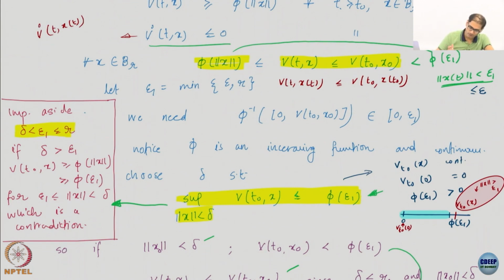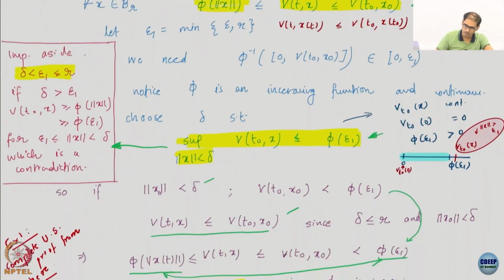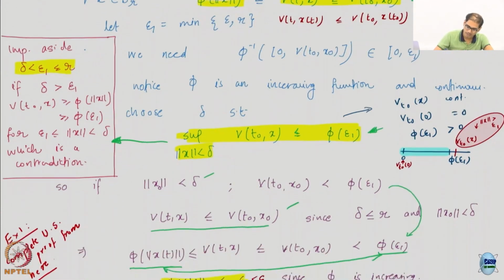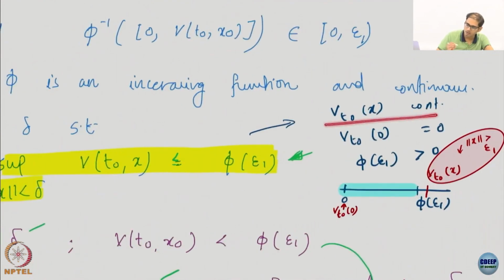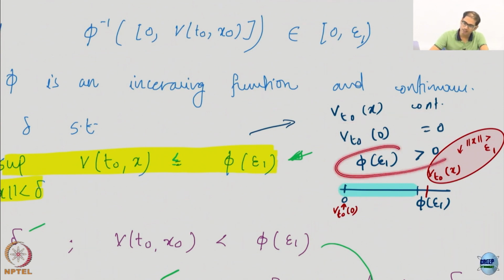Alright, so we know that phi is increasing and continuous. So I have drawn a sort of a picture here. I know that if you look at this picture here, V(t0,x) is continuous because I am again fixing the t0. So it is a function of x, therefore, this notation. So V(t0,x) is continuous, it is 0 at 0 here, and phi epsilon 1 is greater than 0 here.